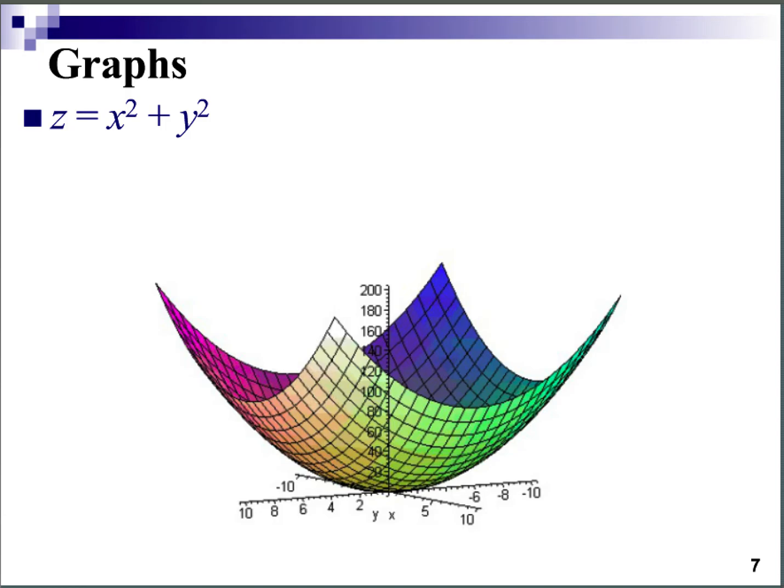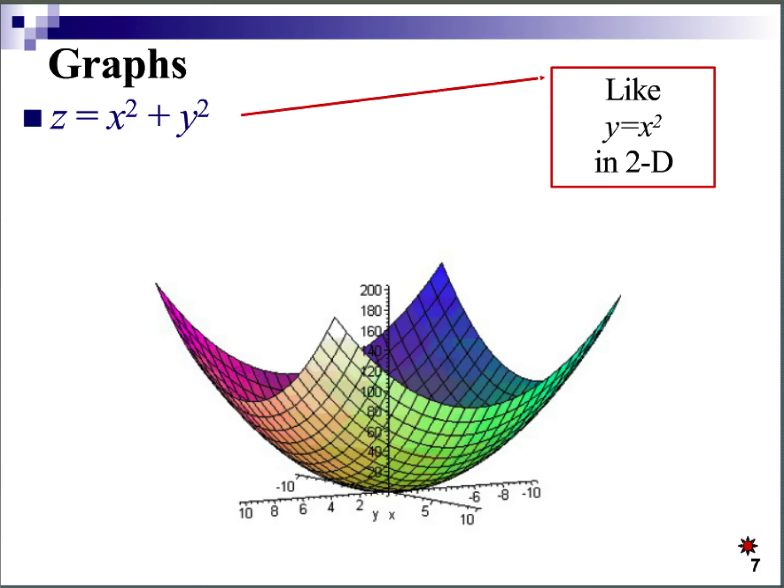Here's another example that's slightly more complicated. Notice that the powers now go from 1 to 2, so it's relatively simple. z is equal to x squared plus y squared. And then you get what's called a paraboloid. This looks like a bowl, looks like a parabola actually in 3 dimensions, which is exactly what it is.